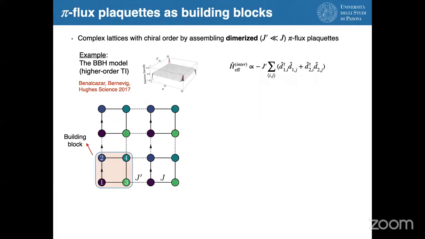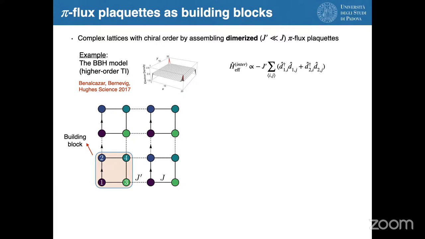Okay, now that we have understood most of the single plaquette physics, we can move to the extended lattice, where we can do strongly correlated physics and move to really long range, let's say. What we take is this dimerized square lattice, where you have this pi flux plaquette connected to other pi flux plaquettes by a weak bond, J prime.